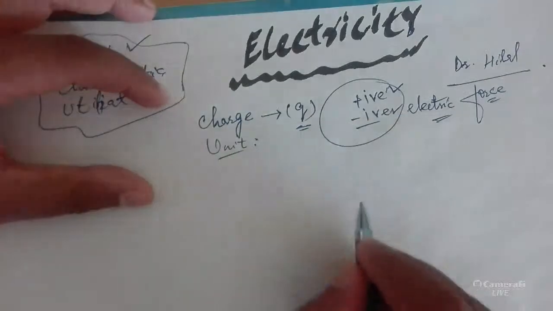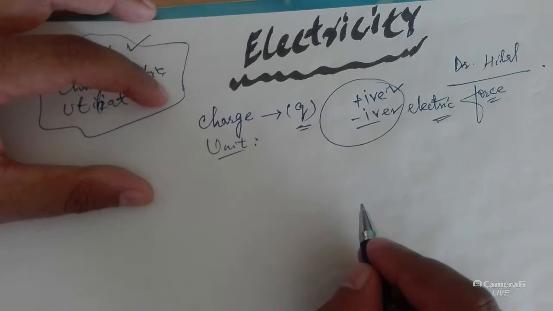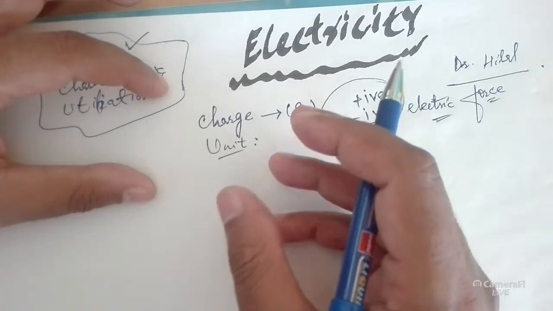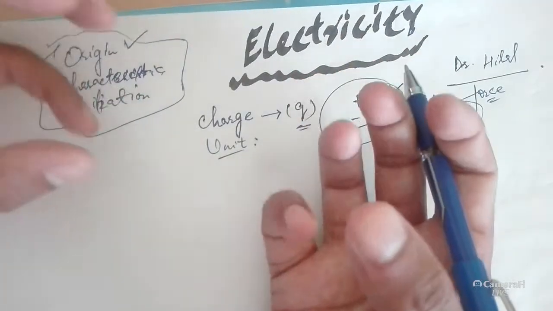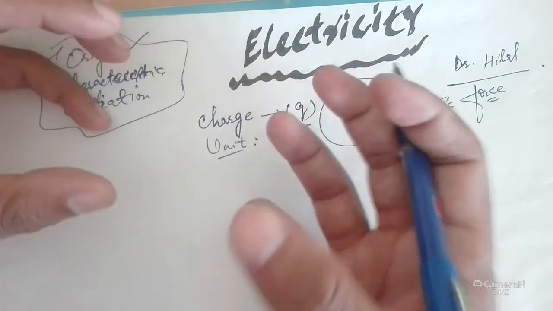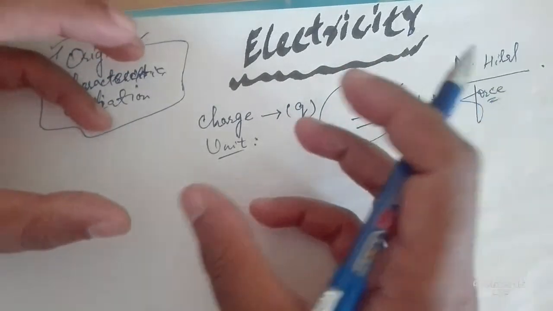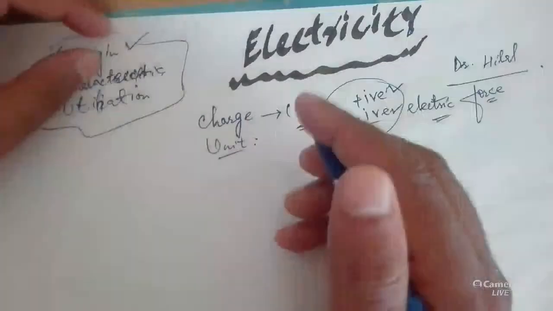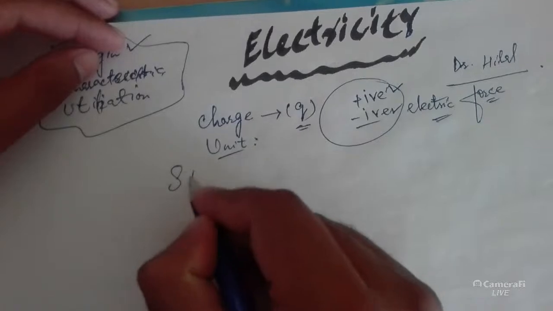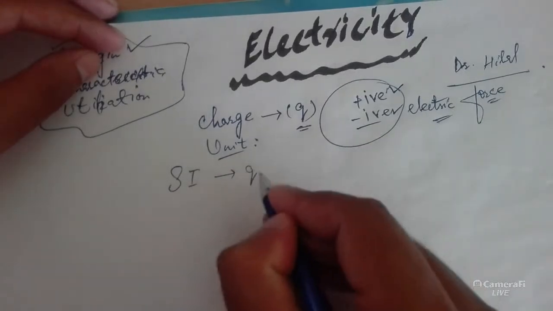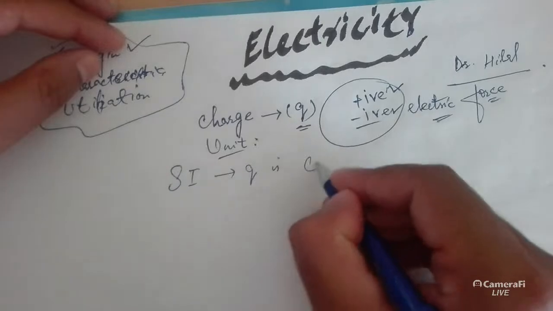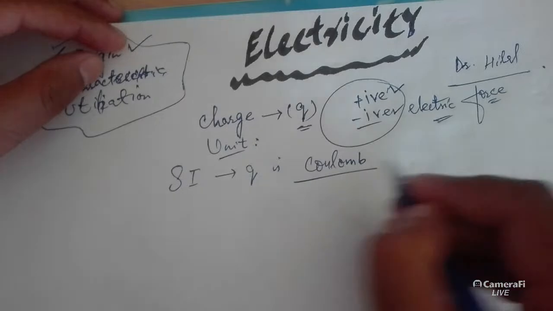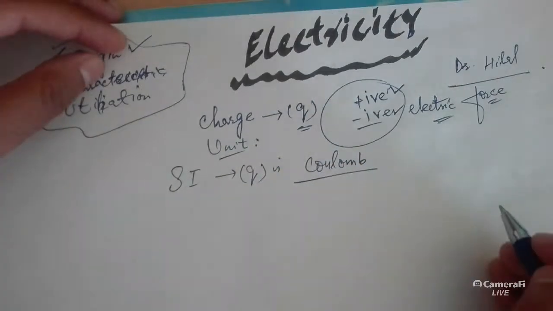Since it is a quantity, it has a unit. Is it in kilograms, or meters, or seconds, or hours? No, it has its own SI unit. The International System of Units unit for charge is the coulomb.